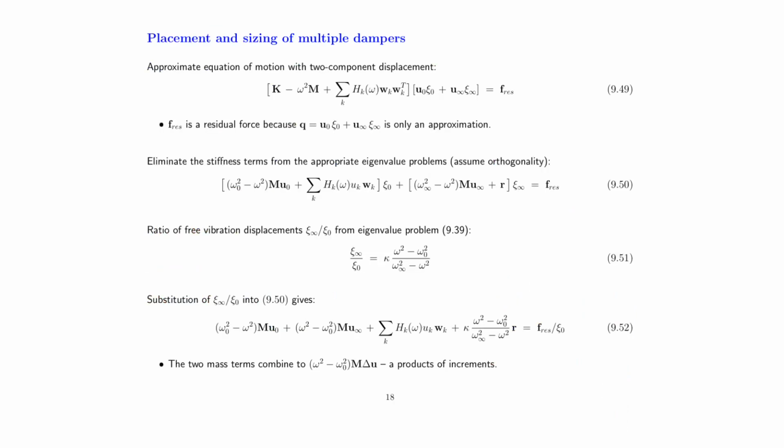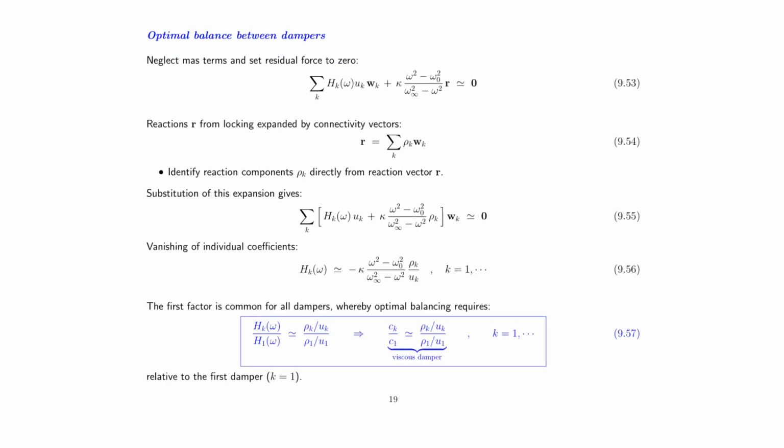You can actually consider the placement and sizing of multiple dampers. The theory is, like the rest of this lecture, fairly complicated, but again, the result is extremely simple, published in recent papers, and you can have a look at this if you like. It will not be part of the oral exam unless you decide yourself to actually introduce it.